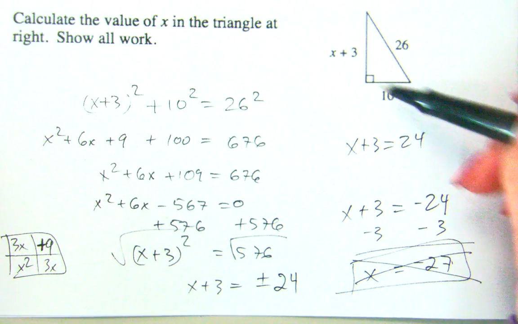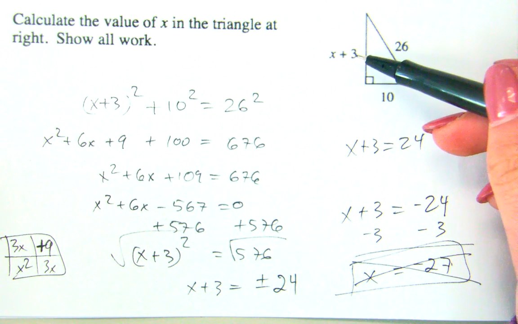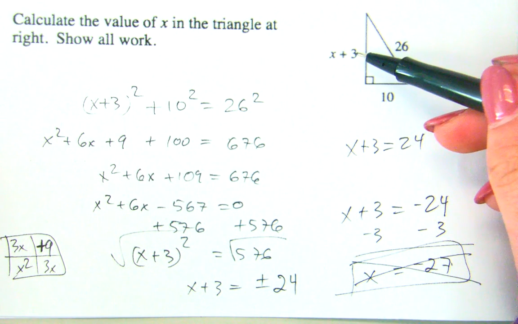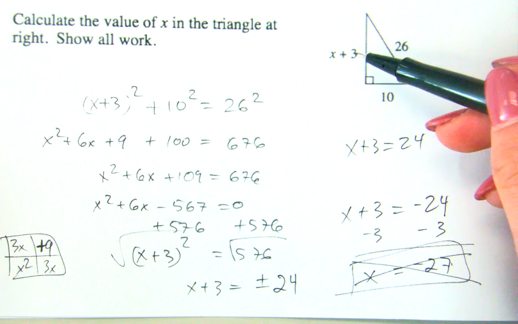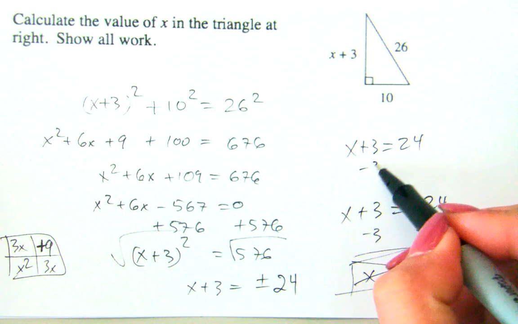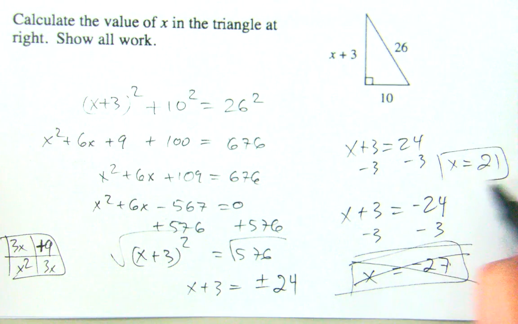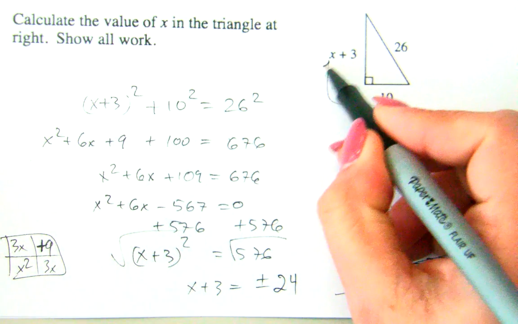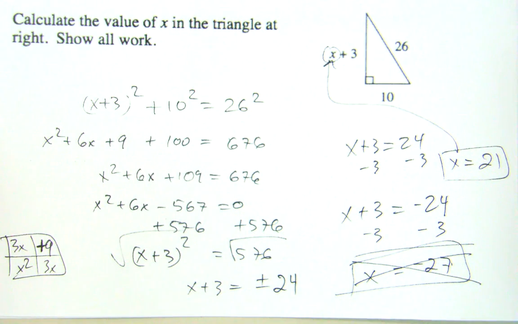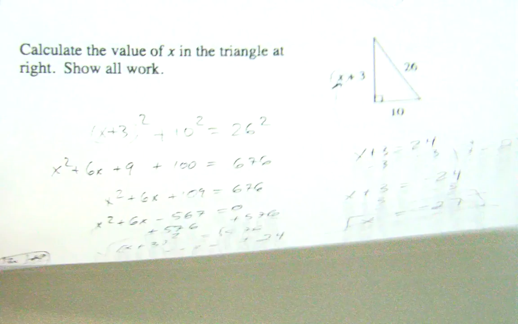If I put negative 27 in for x up here, that means I'm going to end up with negative 24, and that's not what I want. But this one, x is going to be equal to 21. All right, so that's the value of x, because that one actually just makes more sense. All right, that was 98.